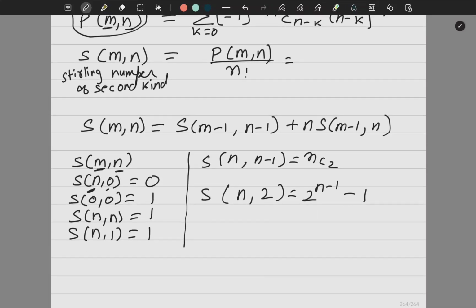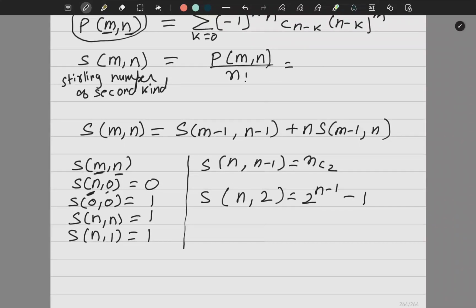Now there is one more category. Suppose I have m objects which I am arranging in n boxes. Now they are identical boxes, but now the first restriction I am removing, that there should be no empty box. So now I can have an empty box as well.